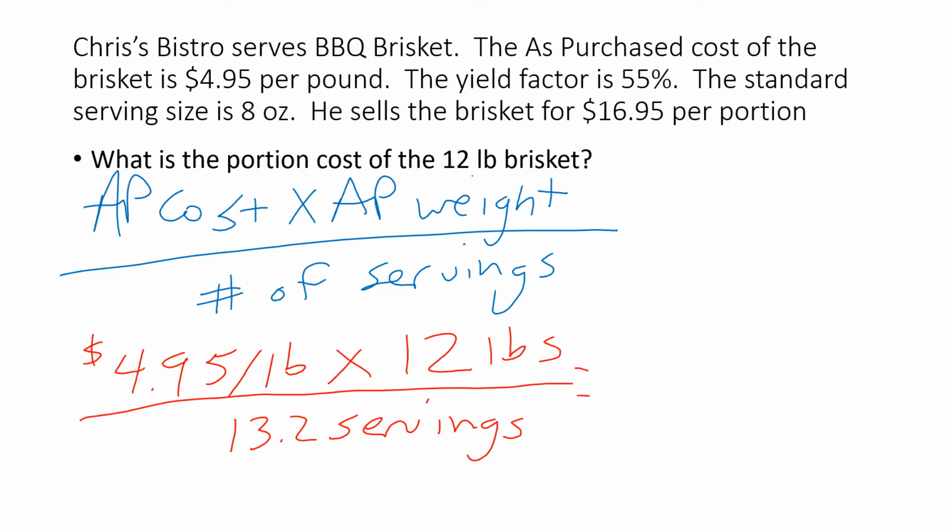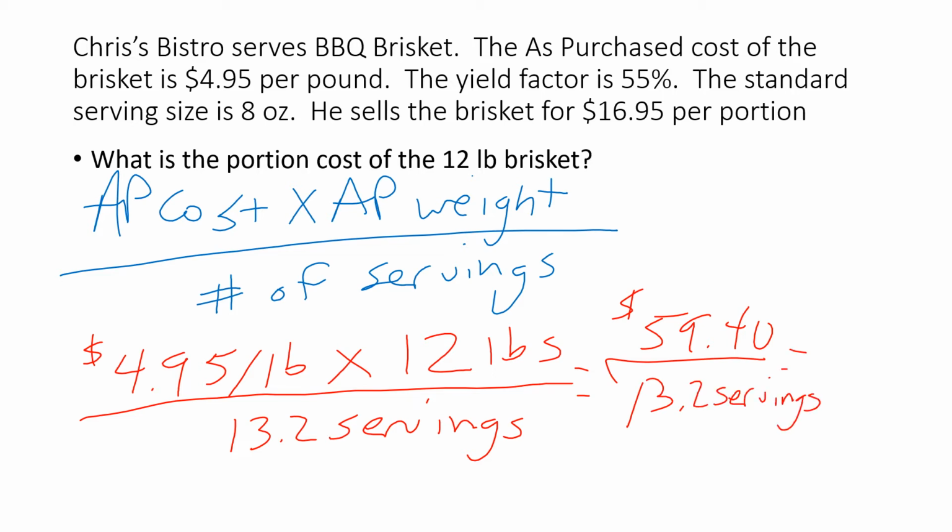So what's $4.95 times 12? $59.40. And then we divide that by our 13.2 servings. And Megan, what did you get? $4.50 is what it cost us to produce that brisket. Okay, that's our portion cost.